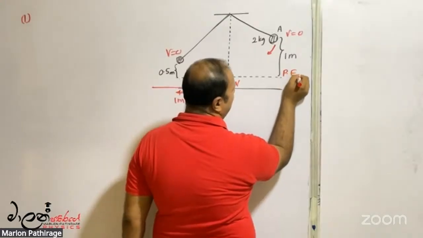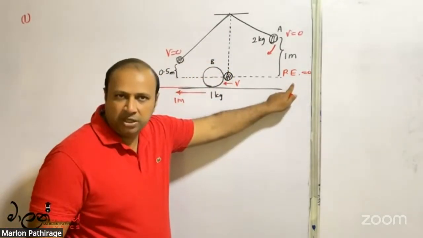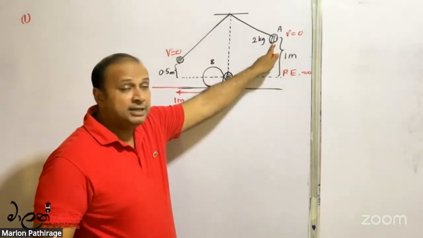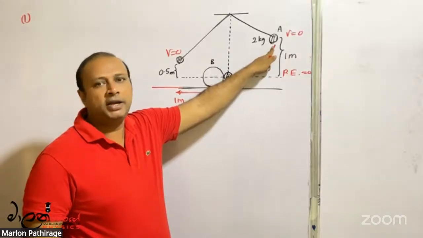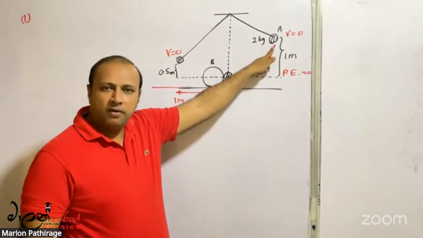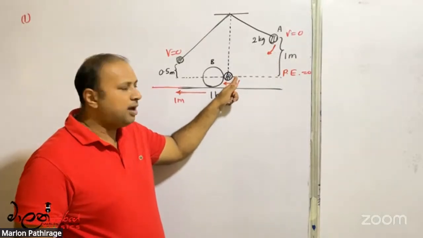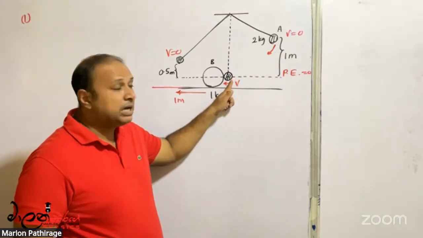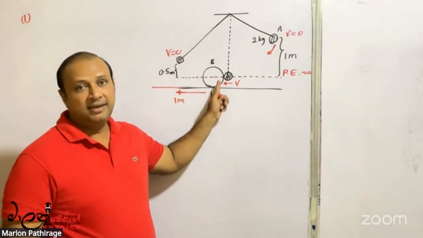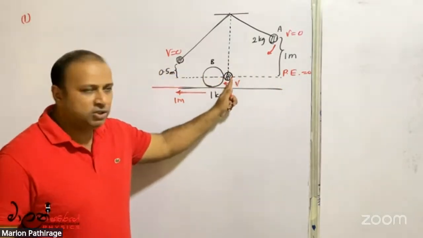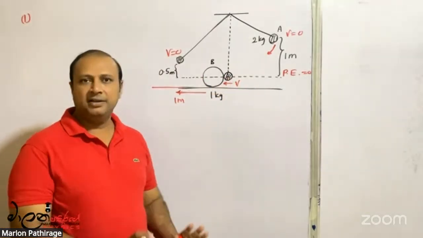You have to take this one as the potential energy 0 level. Initially, this object had potential energy only, no kinetic energy. After release, this object comes to this position, therefore it will come to the potential energy 0 level. As it comes to the potential energy 0 level, potential energy becomes 0 and it has kinetic energy.